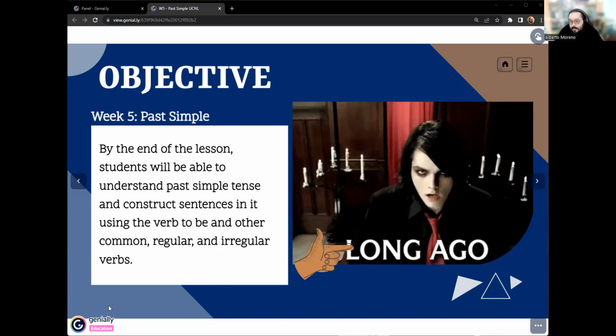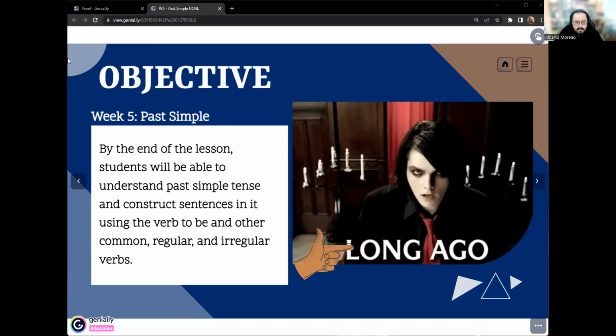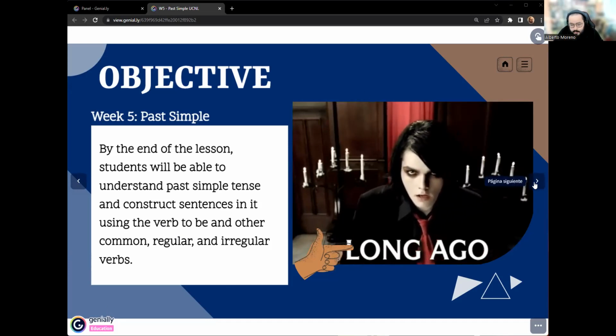El objetivo es que para finalizar esta sesión sean capaces de comprender el pasado simple y realizar oraciones con este tiempo verbal.